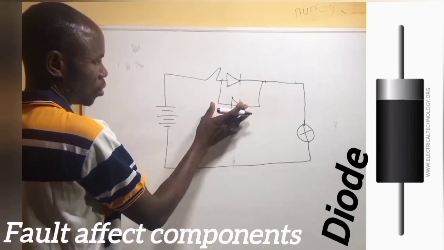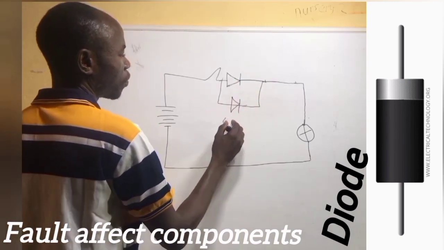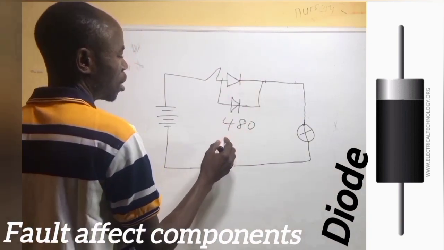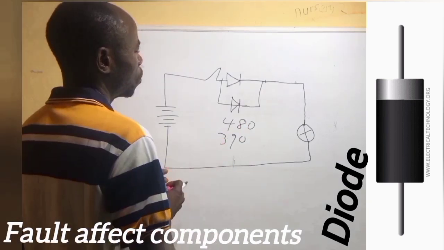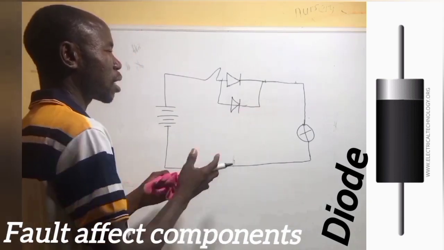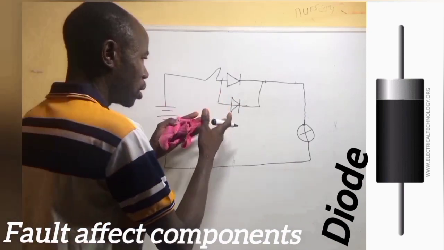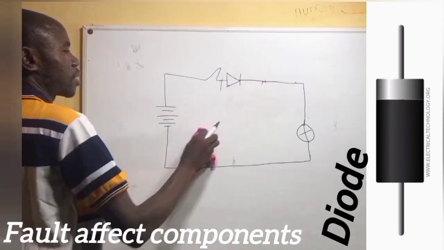So when you power another resistor like this, the resistance will decrease. Maybe it's 480, and when you power it, it becomes maybe 390. So the faults that can affect a diode can be decrease in resistance or increase in resistance.